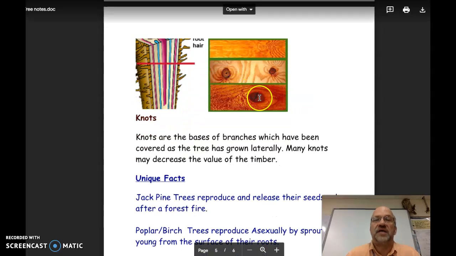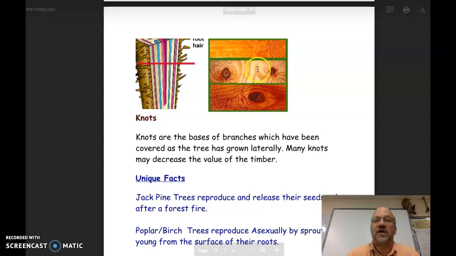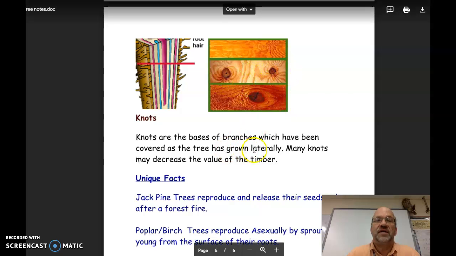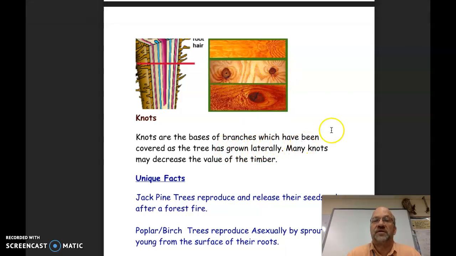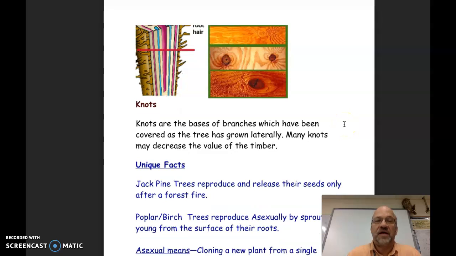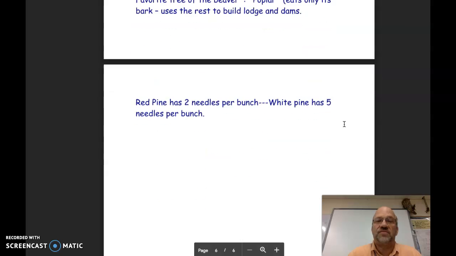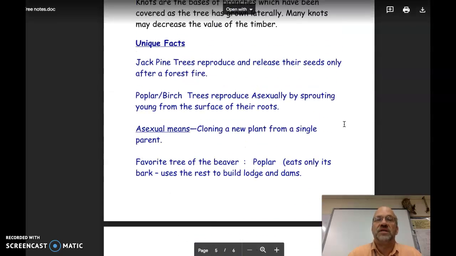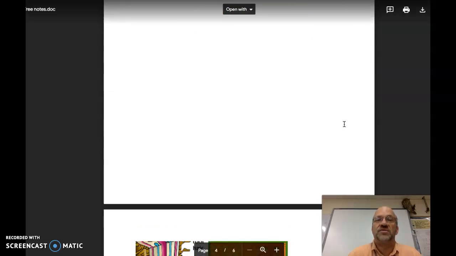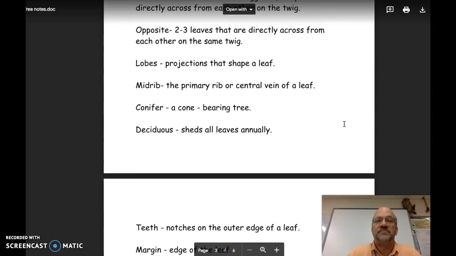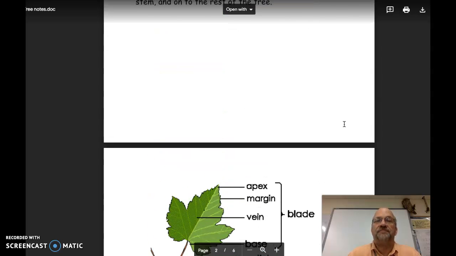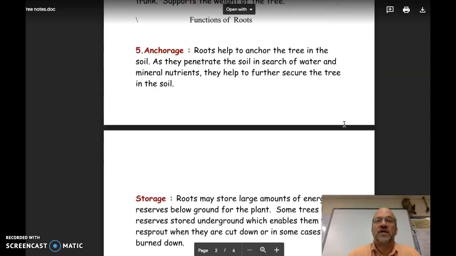And here are knots in the wood. If you ever wondered why boards had knots in the wood, they're actually where the branches were of the trees. Okay, and here's some other facts about trees here that I'd like you to read and know. So please study these notes well.